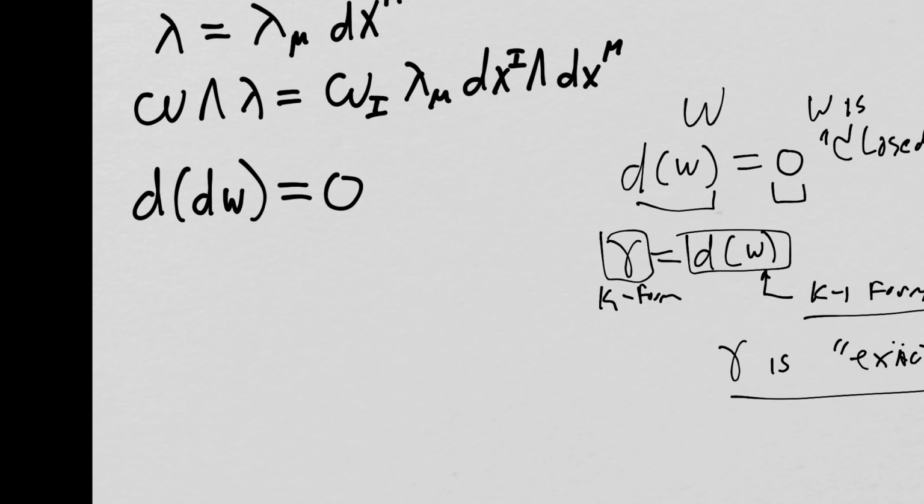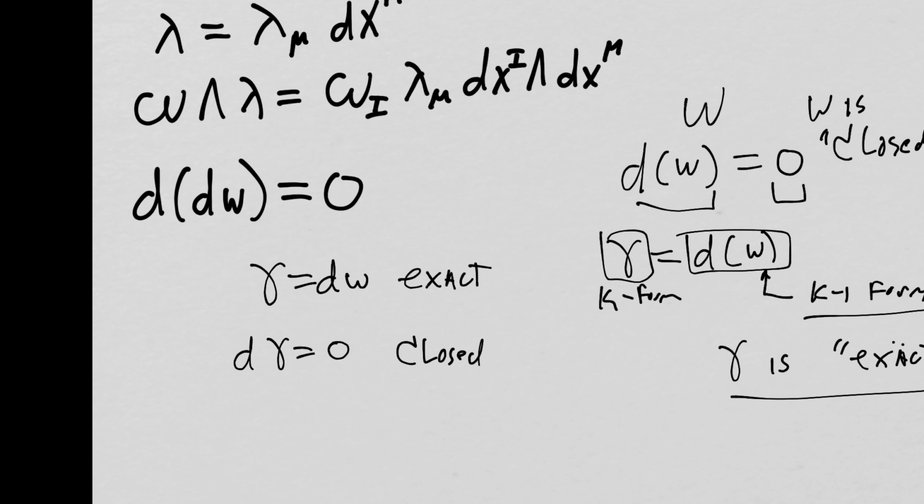However, if I had written gamma equals d omega, and then d gamma equals 0, I would say two things about gamma. Gamma is closed because its exterior derivative is 0, but gamma is also exact because gamma is the exterior derivative of a k minus 1 form. And this basically is saying that all exact forms are closed.